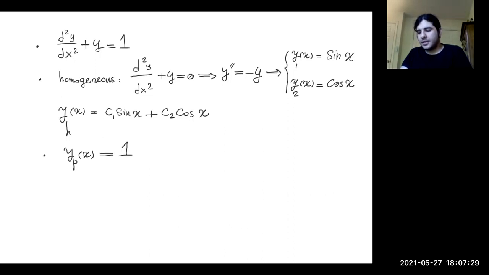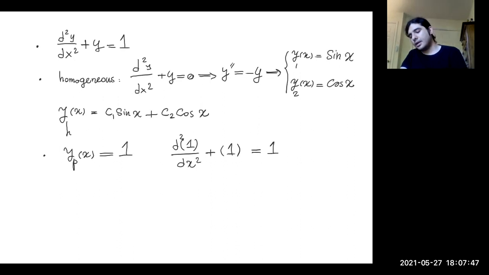The derivative of the constant function is 0, and if I let y be equal to 1, it certainly satisfies the equation. The second derivative of the constant function y with respect to x is 0, and if I add the constant function y, it is equal to 1. So it does satisfy the equation.